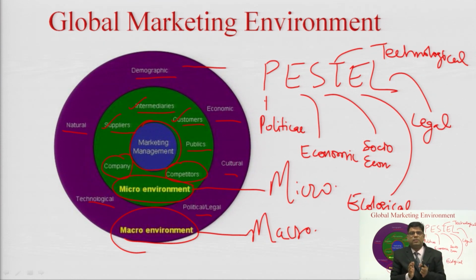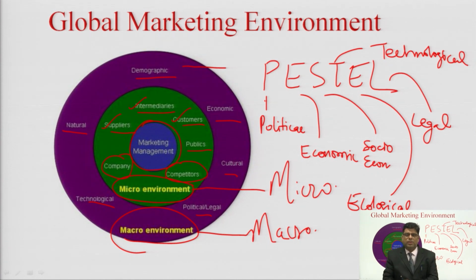The micro as well as the macro environment function in tandem. These are the environments which function together and they collectively make an impact on the marketing efforts of the company. So, a company has to look into the micro as well as the macro environment simultaneously, and then it has to assess its marketing efforts for marketing of the products and services across the globe.